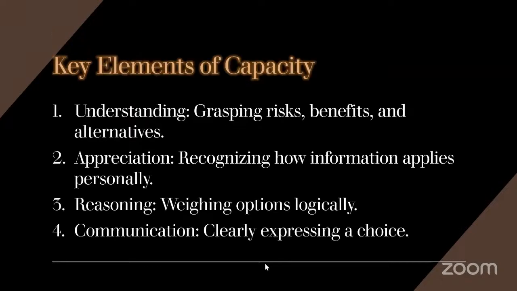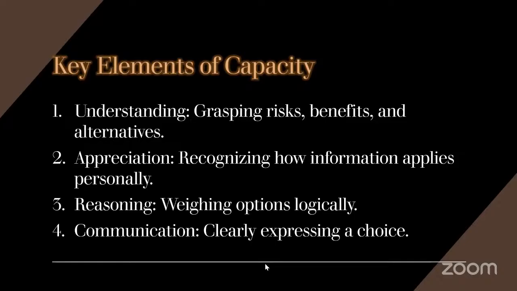When we evaluate capacity, we are looking for 4 essential elements. First, understanding. So we can ask questions like, can the patient accurately describe their condition, the proposed treatment and its risks and benefits? Second, appreciation. Like asking, does the patient recognize how this information applies to their own situation, rather than speaking in abstract terms?